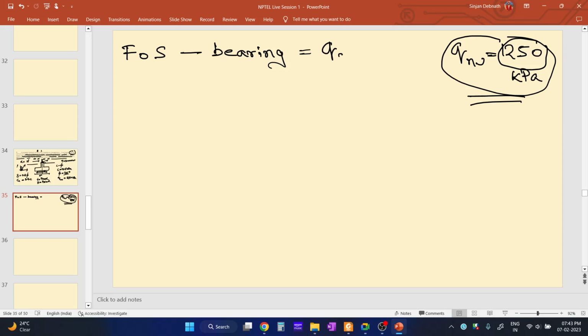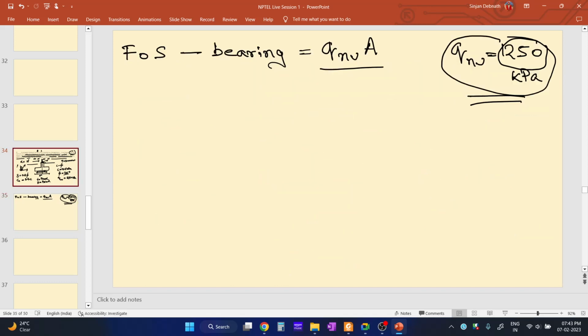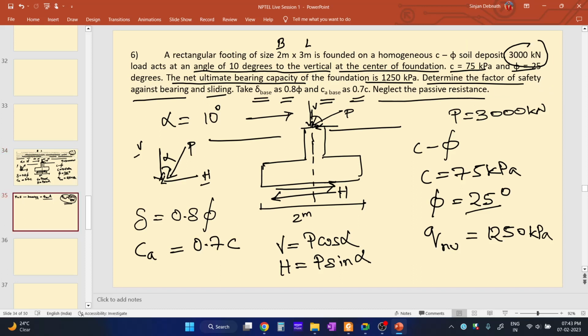So qnu into area is the maximum load. If we divide this by the vertical component that is currently acting on the footing, we will get the factor of safety. What is the vertical load acting on the footing? It is P cos alpha.